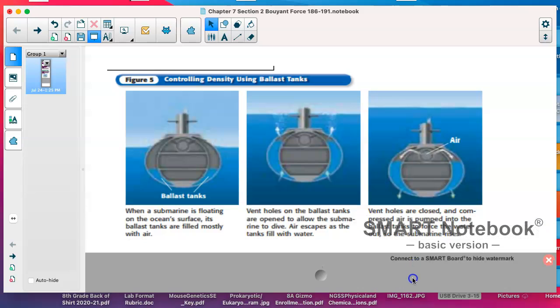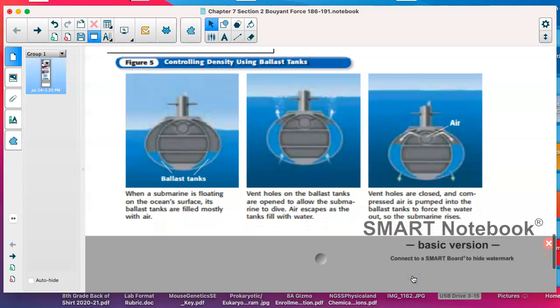So submarines, how do they work? Well, they deal with density. Even though a submarine is going to have the same mass the whole time, if it fills the tank with water, it's going to be more massive. So that's going to change its mass, right? And so it can either fill the ballast tanks, these side tanks, with water, since water is more massive than air, or it can fill them with air and rise to the top.